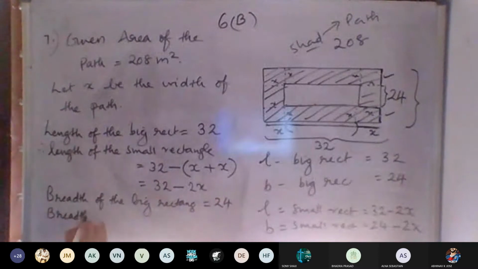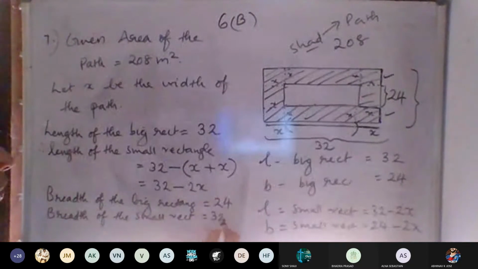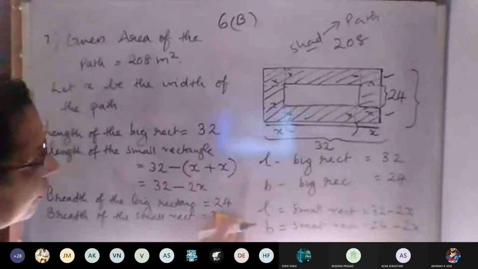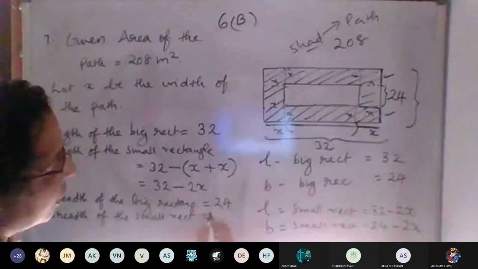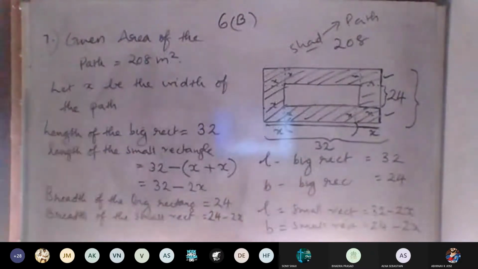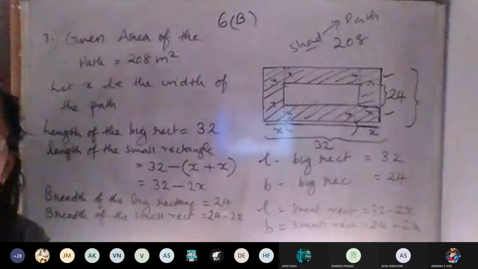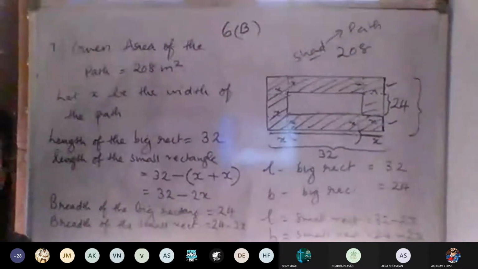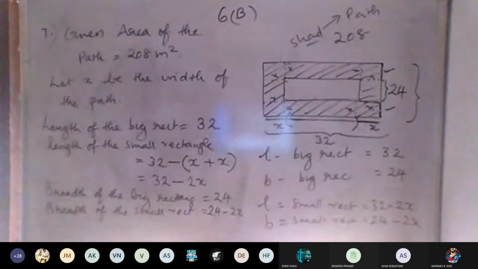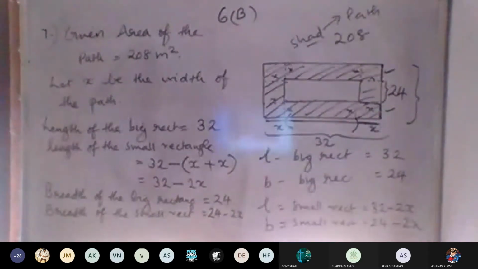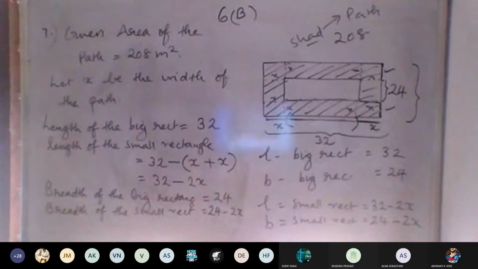Therefore, breadth of the small rectangle is equal to 24 minus 2x. 24 minus 2x. Completed?